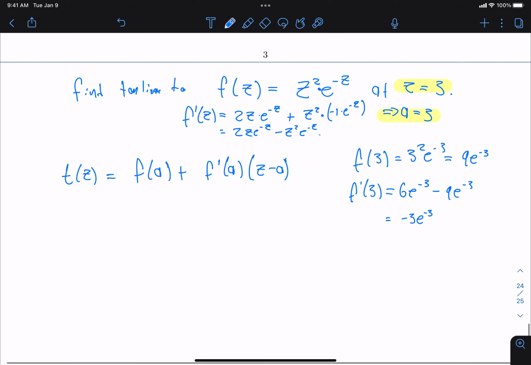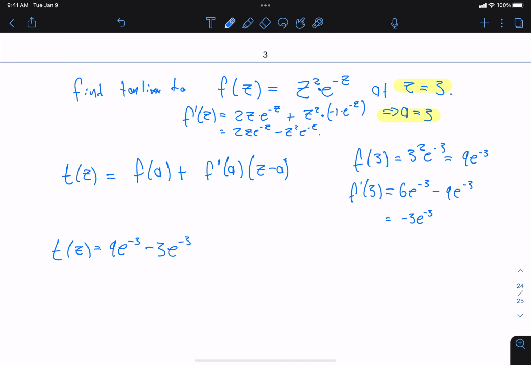So finally, we're ready to come up with the formula for the tangent line. It's just 9e to the minus 3 plus, actually minus 3e to the minus 3 times z minus 3. Okay, so that's how we get the formula for the tangent line for this problem.